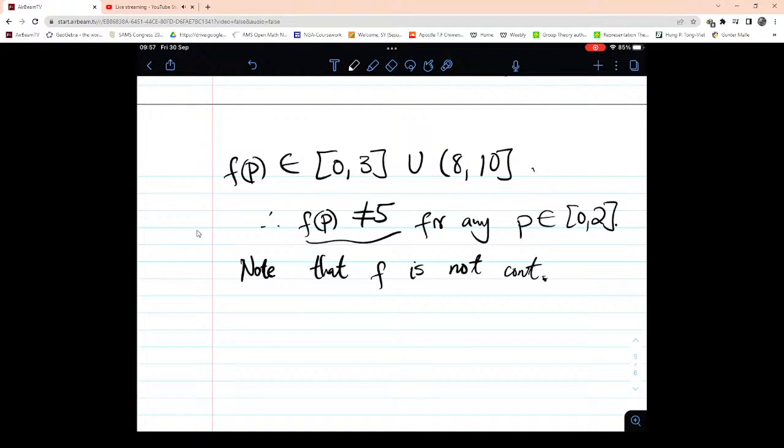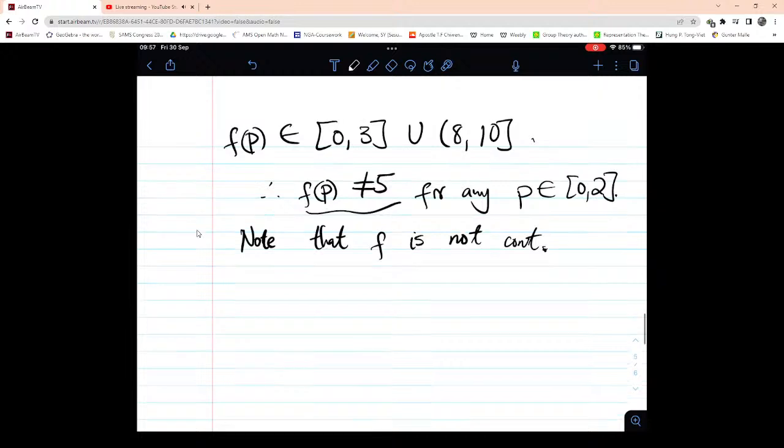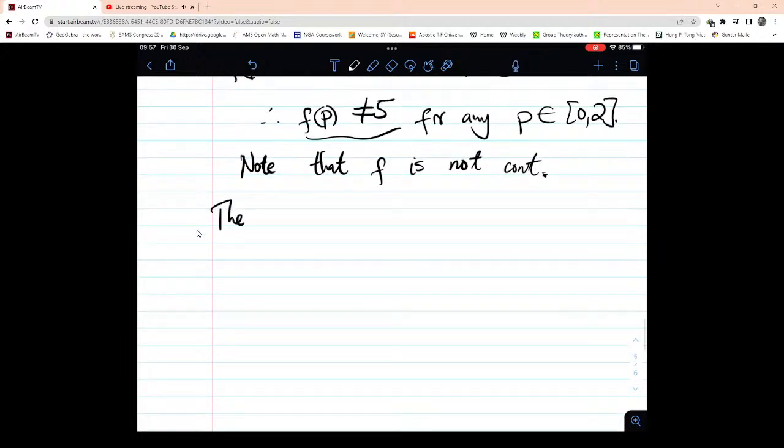And that leads us to our theorem, which is the mean value theorem. The mean value theorem for integrals, or the integral mean value theorem.